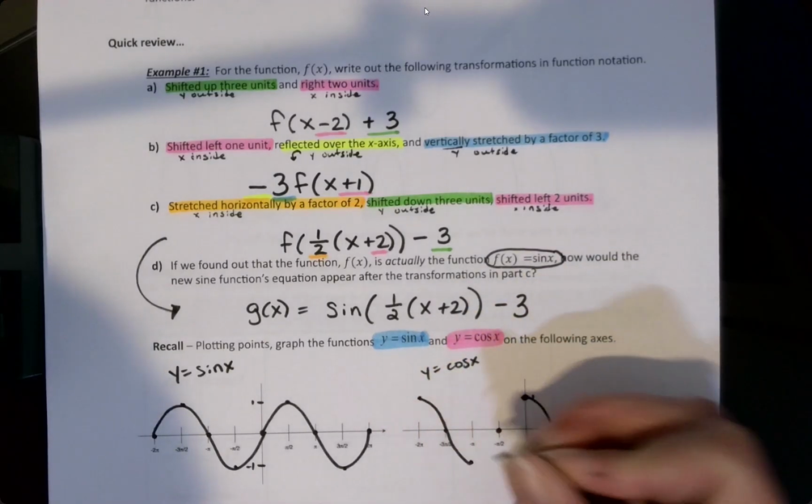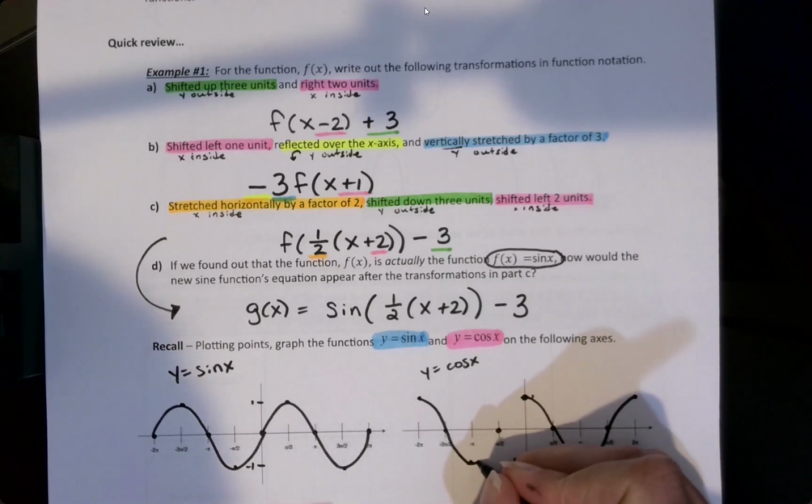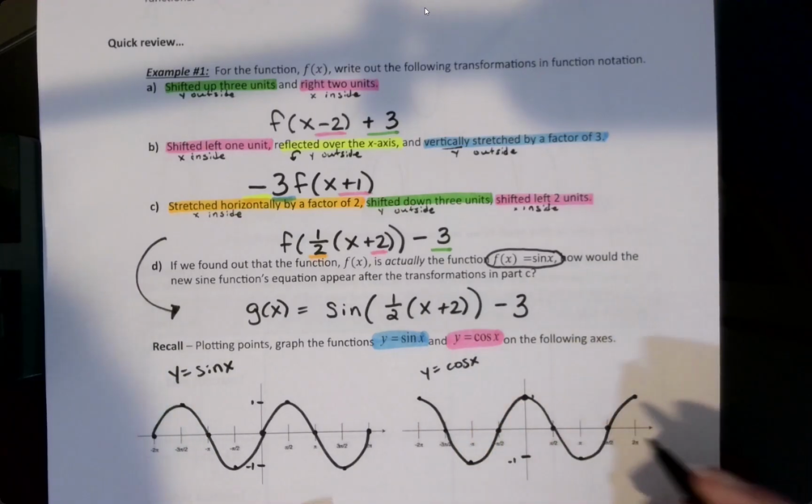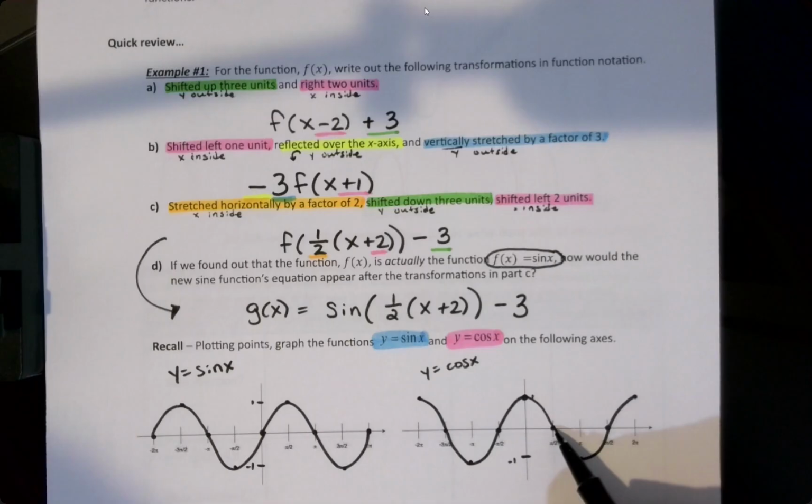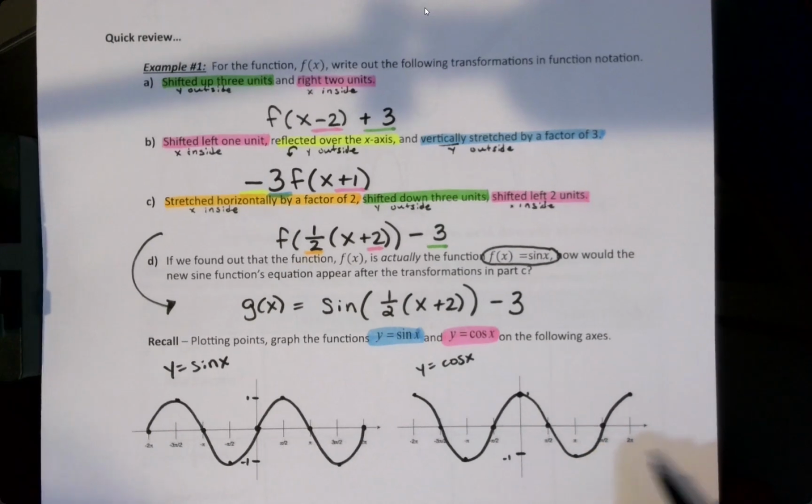So my scale on the x-axis is by pi halves because that is the amount of space it takes to go from a 0 to a 1. So I can always just mark off where the 1s, the 0s, the negative 1s are on equal intervals of pi halves, pi, 3 pi halves, and so on.